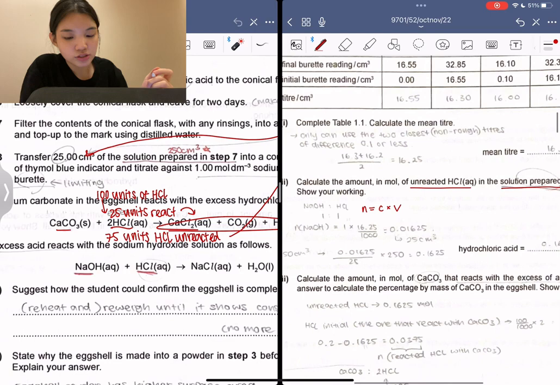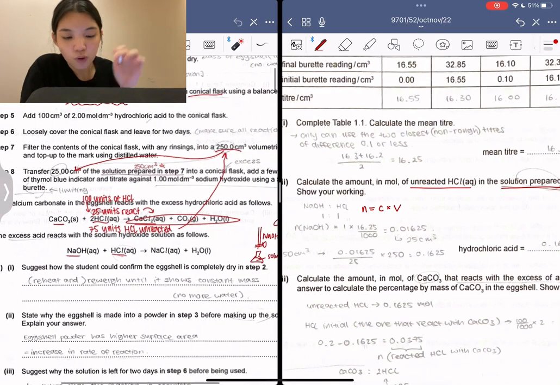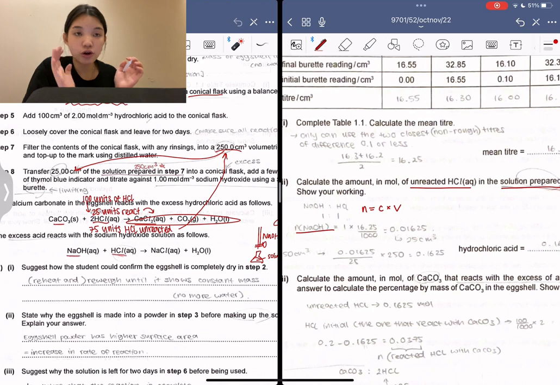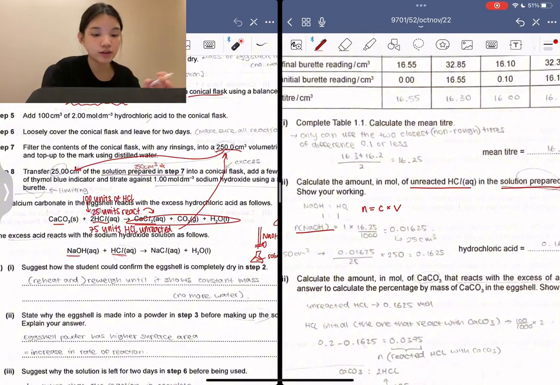Because the concentration we use is 1 mole per dm cube for NaOH, 1 mole dm cube of NaOH is used in the burette, and NaOH to HCl has a ratio of 1:1. So the mole of NaOH is equal to the mole of the unreacted HCl.